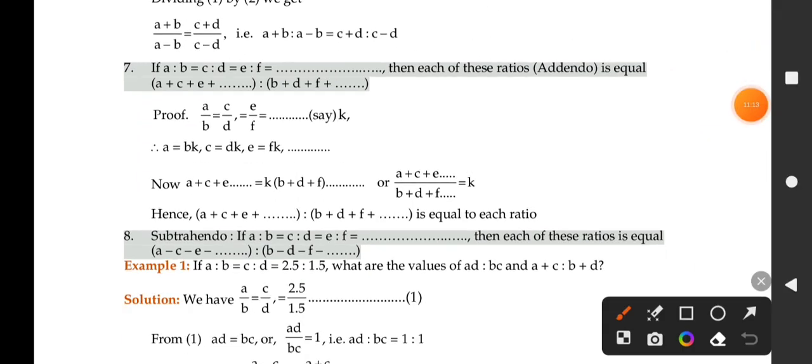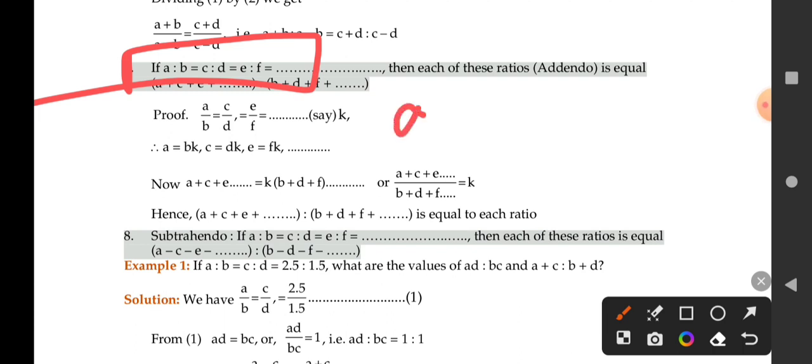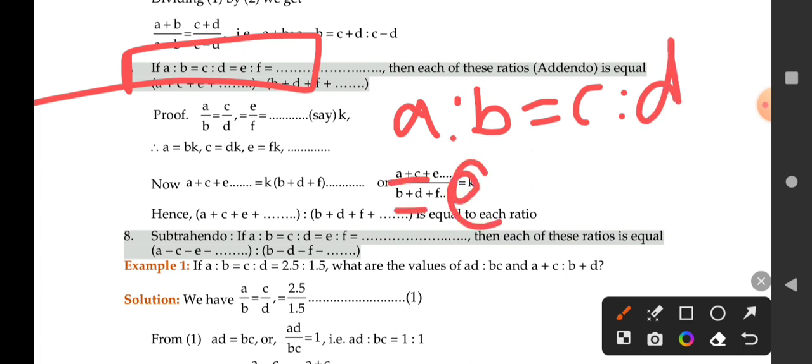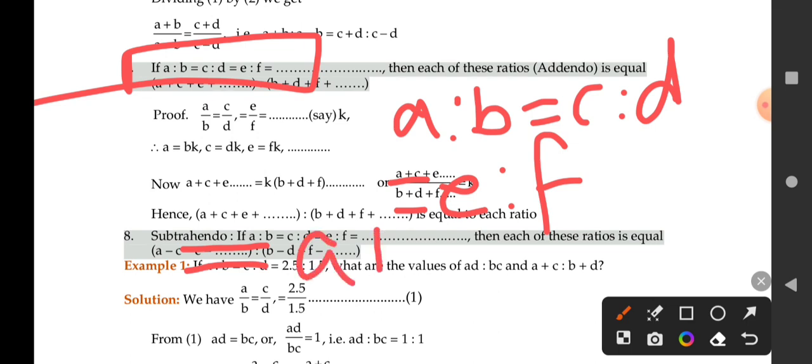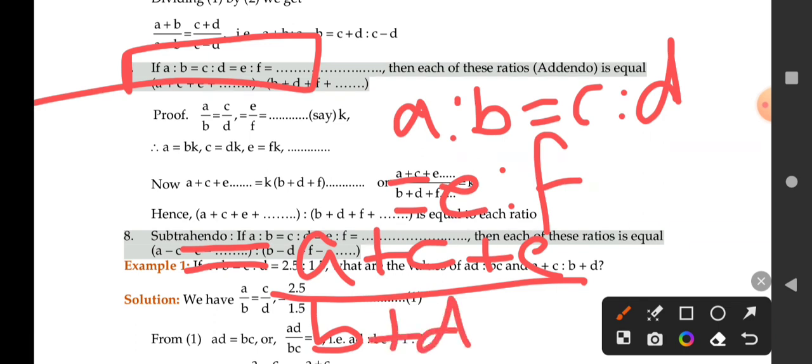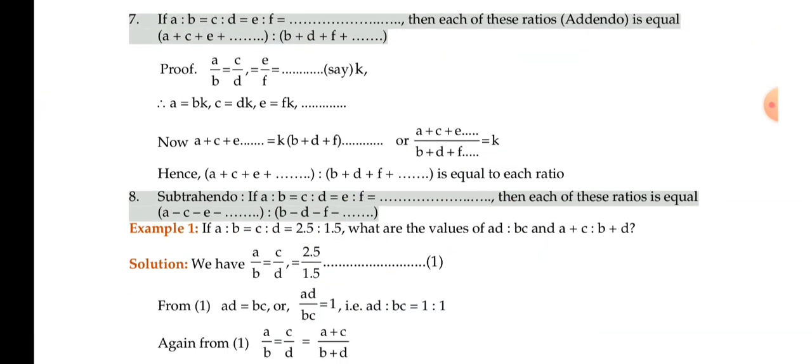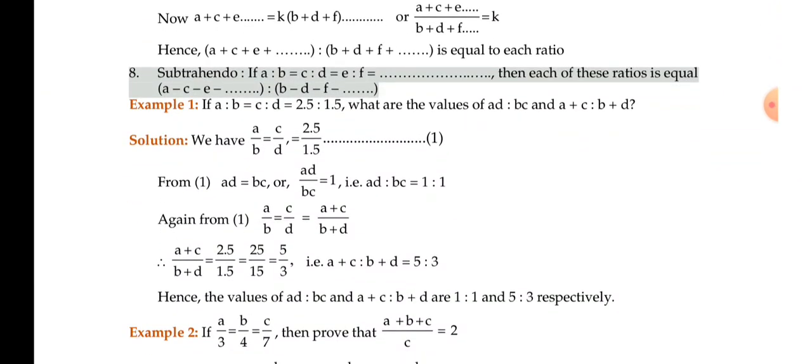What is addendo then? When there are two or more ratios which are equal, then A is to B is equals to C is to D is equals to E is to F, then this is also equal to A plus C plus E divided by B plus D plus F. And similarly, what about subtrahendo?